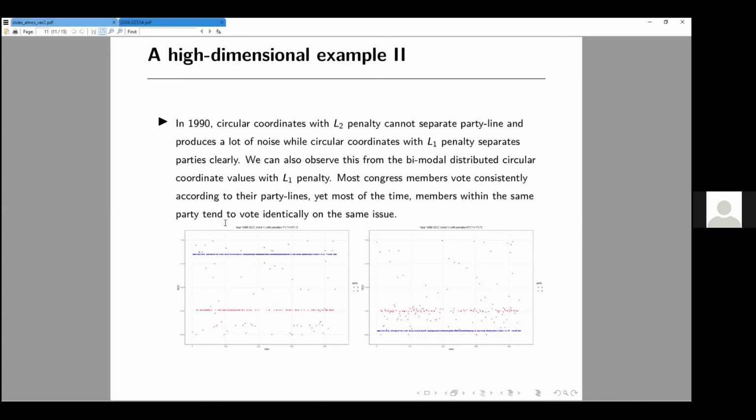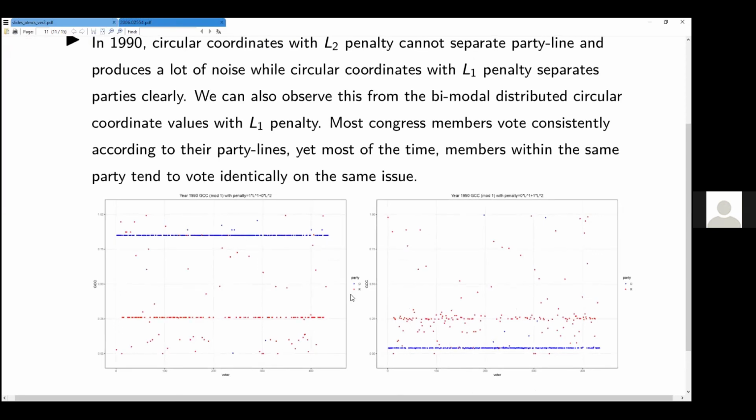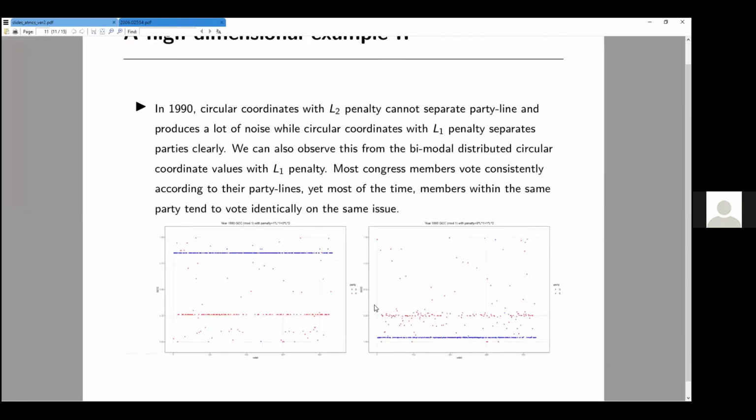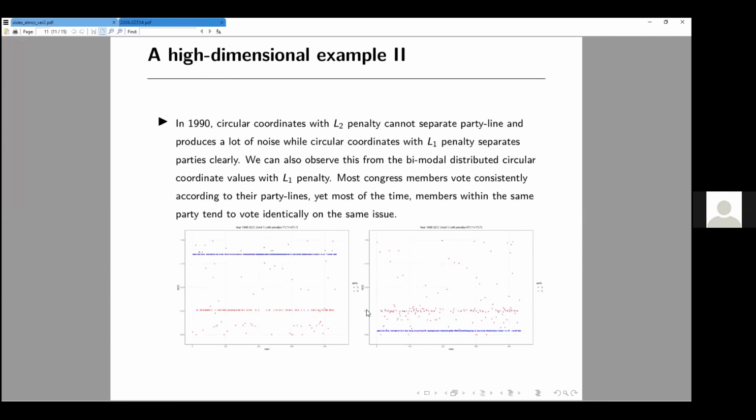So here in year 1990, we actually see that the L1 penalty separates the party lines. The color of the dots denotes the party: it's probably too small, but Democrats are blue and Republicans are red. So in 1990, we can see that the L1 penalty separated the two parties much better compared to the L2 penalty.